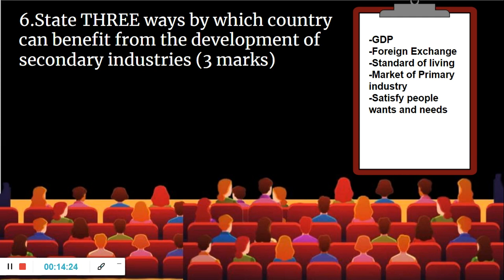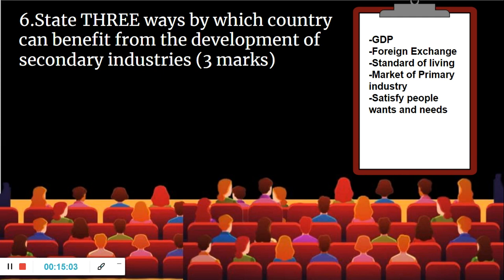So again, secondary industries will provide employment. And notice for this, it's 3 marks, so you wouldn't have to get into the details. So it provides employment. It contributes to the gross domestic product. It increases foreign exchange. It helps to improve the standard of living of the citizens in the country.